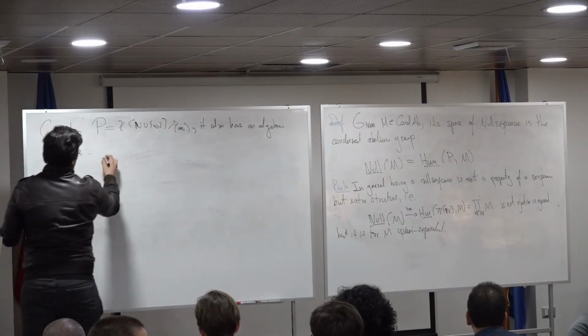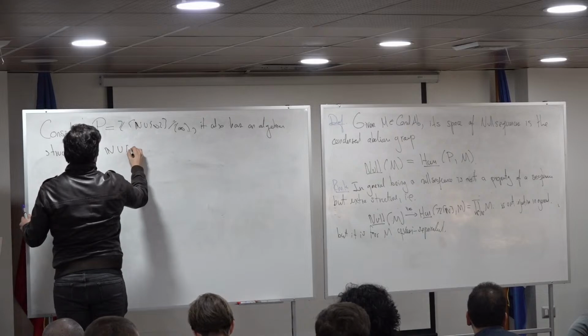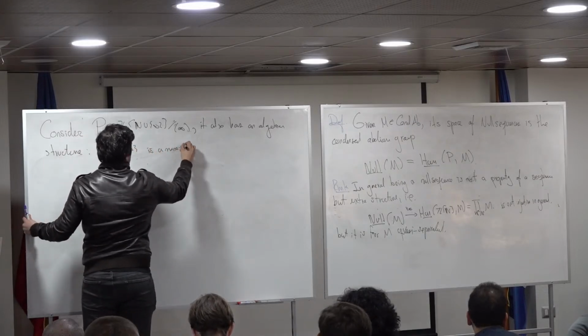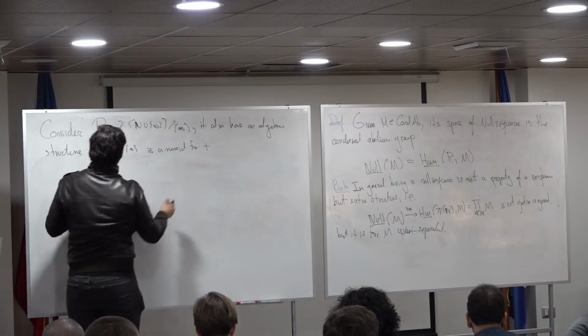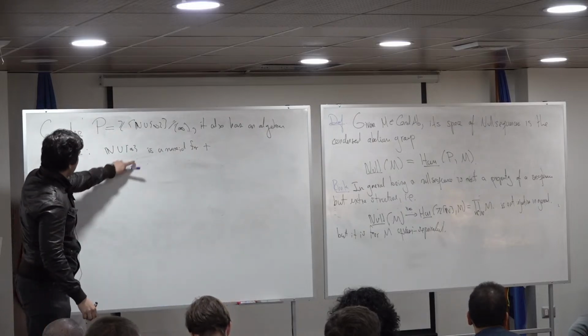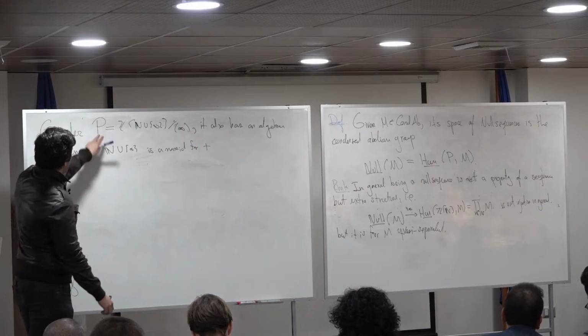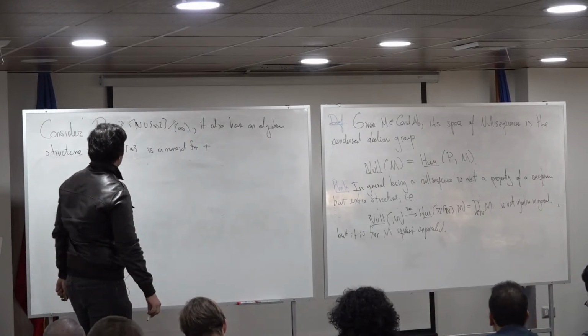This is basically because you can endow this with a monoid structure. So this is a monoid for the addition, where in n, the addition is the usual one, and in infinity, everything is just added, you get infinity. So this becomes an algebra, and this one is an ideal in this algebra.